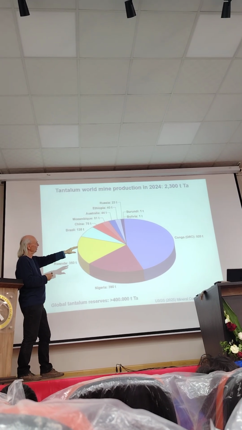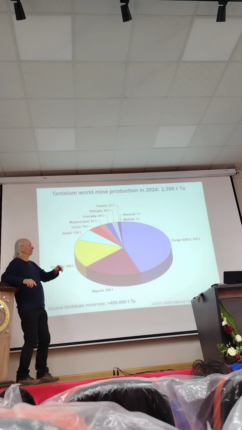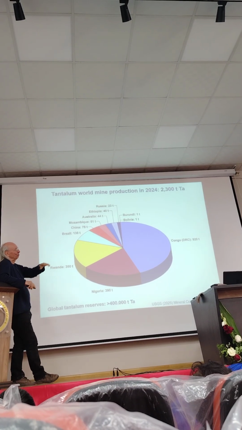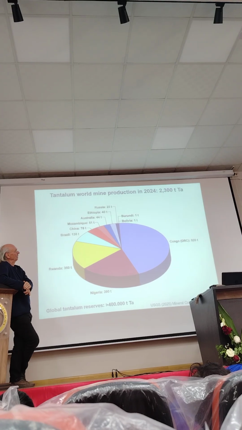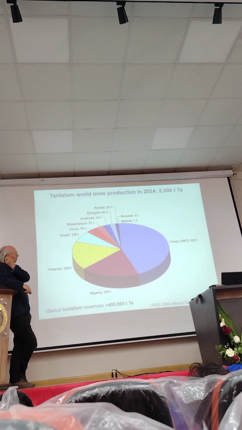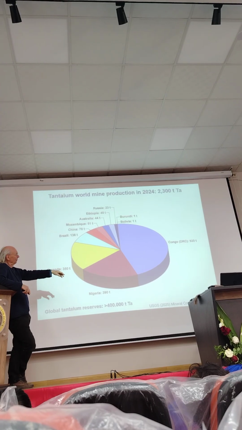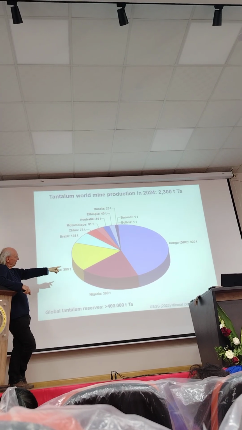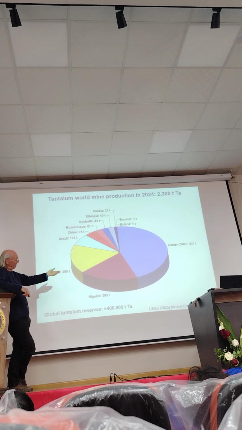And there the situation is like this. Congo, the so-called Democratic Republic of Congo, is the most important producing country. I will give some pictures later from this part of the world, because I also work there. This is in Central Africa. And then Nigeria, in Western Africa, it just came out over the last years.